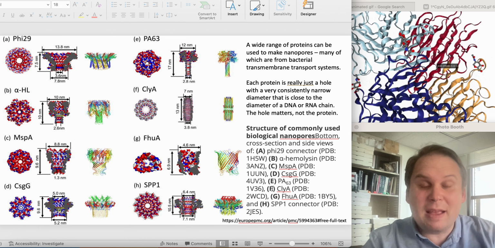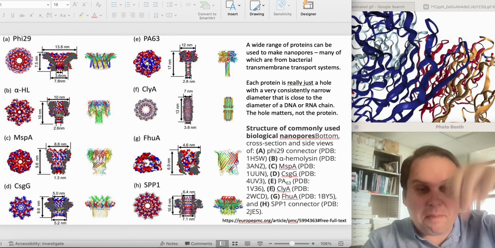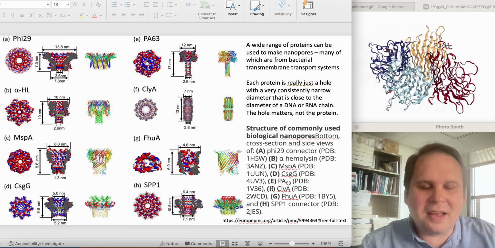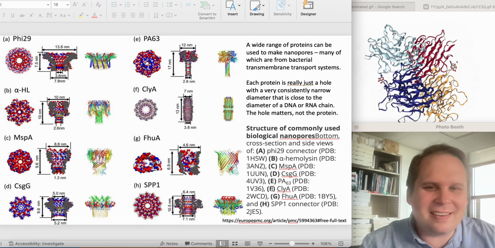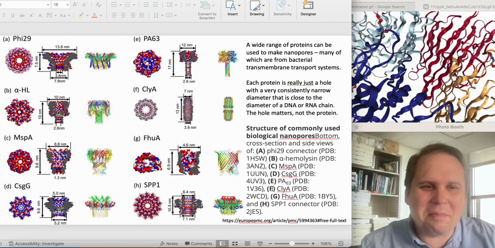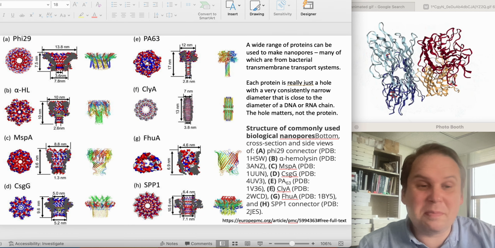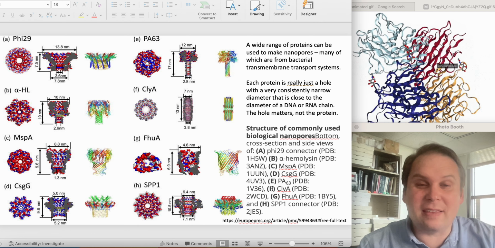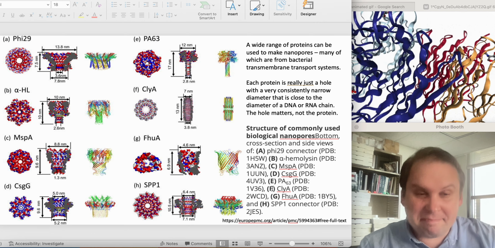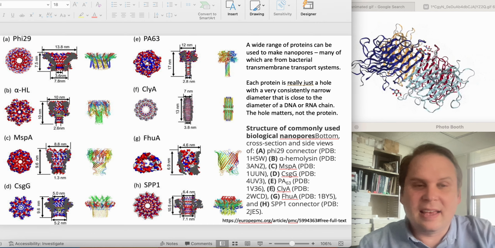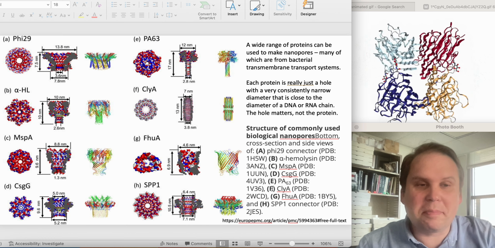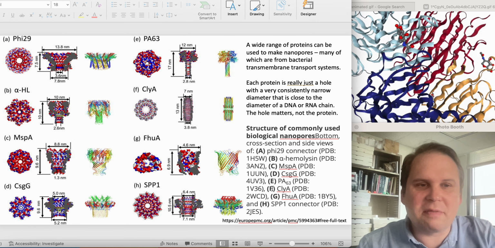So if you lay down a membrane, you can just put them on and they will embed themselves right side up in the membrane. Very convenient if you're assembling lots of these. So that's what people tend to use, but you can do it in a lot of different ways. All you need is a hole. That's it. You're going to slurp that DNA or RNA chain right through it.